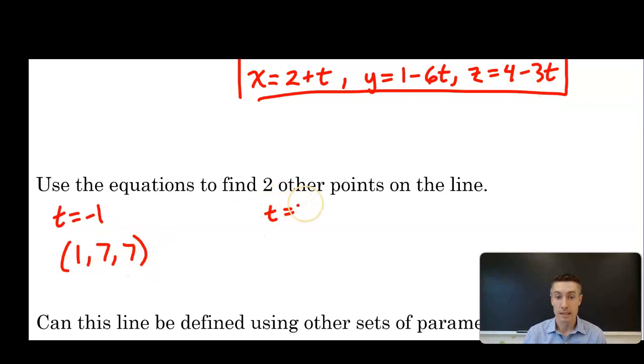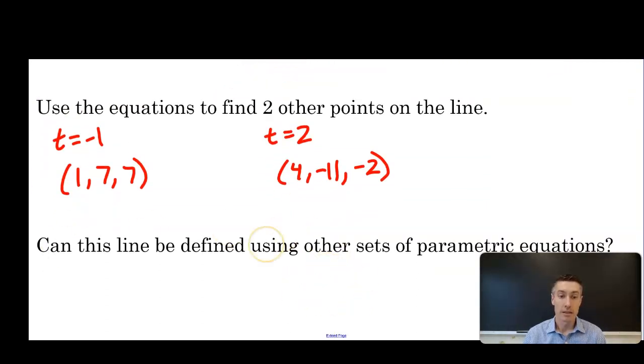Or we could say t equals 2, and we would have 4, 1 minus 12, so -11, and 4 minus 6, so -2. And I picked integer values of t. Doesn't have to be integer values. We could have picked t to be 0.5 or 1.5. Doesn't matter. All of those values of t are covered to define the infinite number of points on the line.